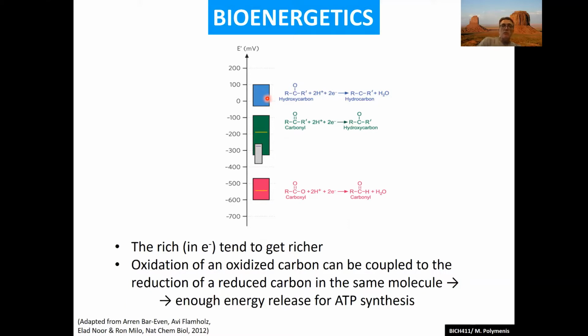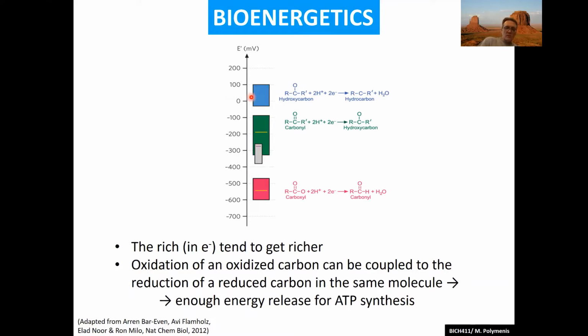Delta E has to be a positive 250, and that's enough energy to actually drive ATP formation. And if you see how naturally they are spaced out, these half cells for carbon redox reactions are nicely spaced so that if you can couple them favorably, you can get one ATP in these cases, or if you go from here to here, you can get even 2 ATPs, right?